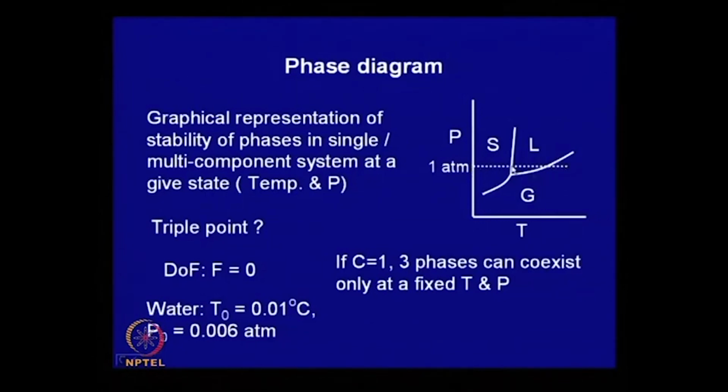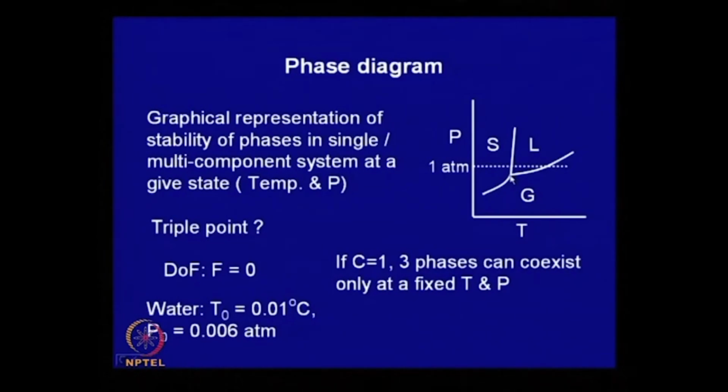In that case, this is the freezing point of the metal and this is the boiling point of the metal. And this particular point is a critical point which represents equilibrium between all three. That means under this condition all three phases, solid, liquid and gas, can coexist.